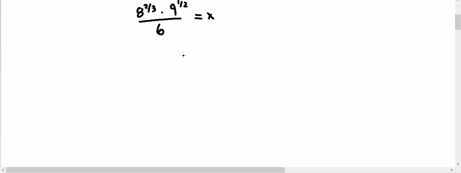And now, remembering some properties about what it means to take a fractional exponent, this is effectively taking a root. So, for example, the rule that a raised to 1 over n is equal to the nth root of a.